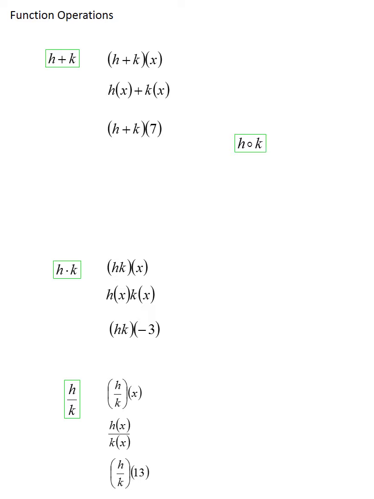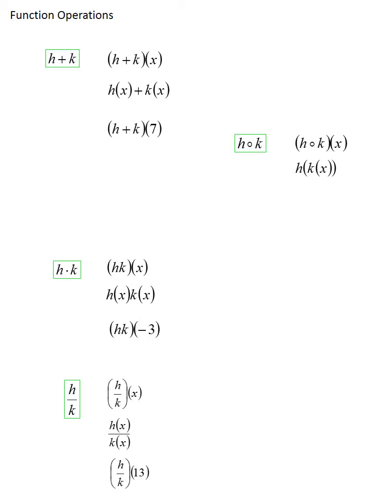The same is true for composition. You might see it written h composed with k. You might see the of x afterwards. You may not. It wouldn't change a thing whether you did or didn't. Now this one you may see written this way without the composition symbol at all. Keep an eye out for this one. It looks like multiplication, but it's not. When you see a function inside of a function like this, or a function followed by parentheses and another function inside there, that is not a multiplication.